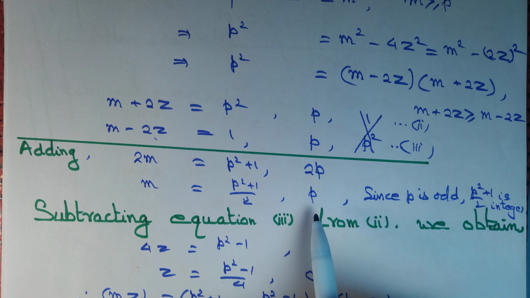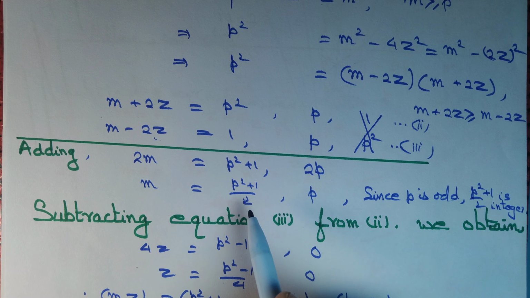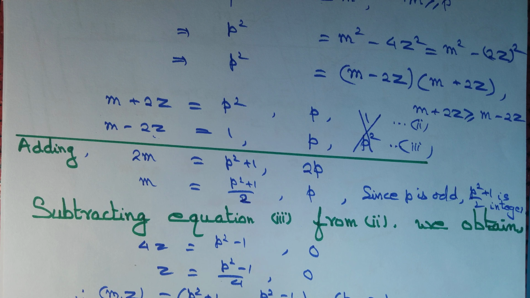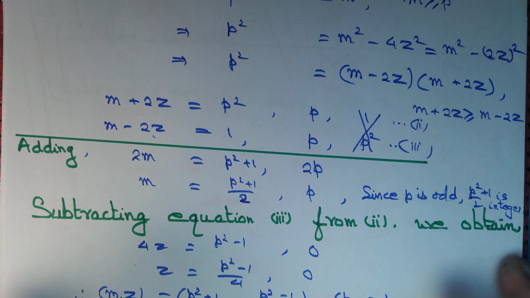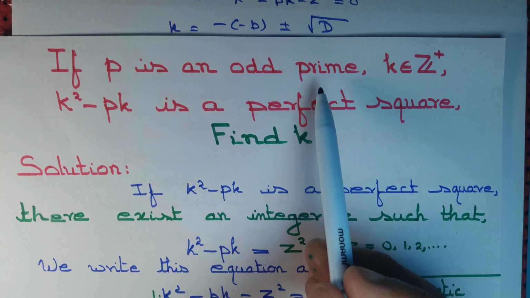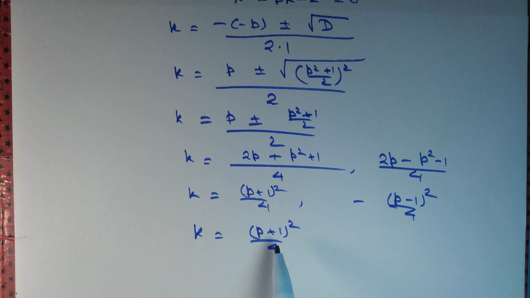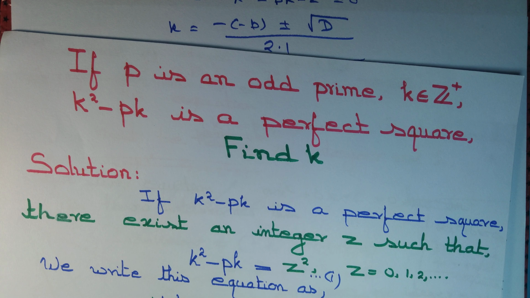So if p is even, this quantity (p square plus 1) by 2 will not be an integer. 5 by 2 is not an integer. That is the reason why we are assuming p to be an odd prime in the question. Further, if we assume p to be equal to 2, k will also not be an integer, but we are given k to be an integer.